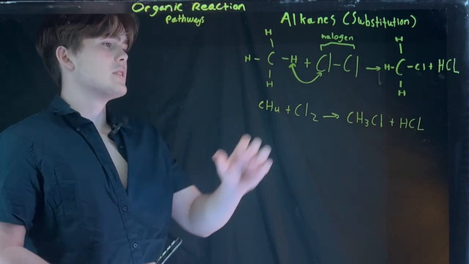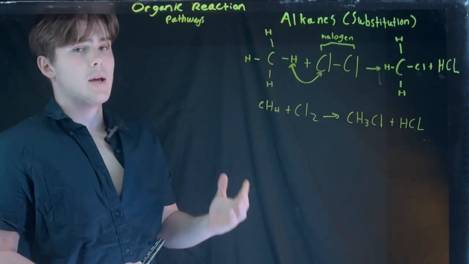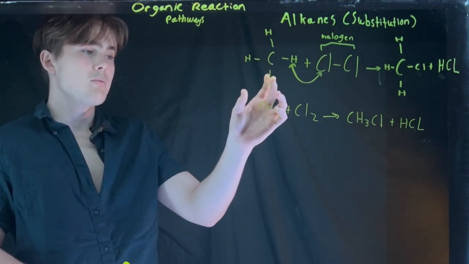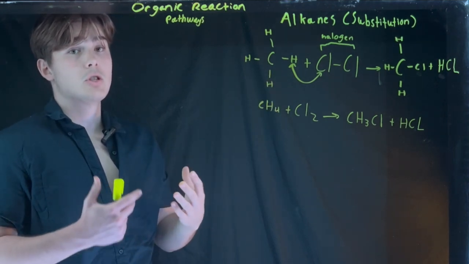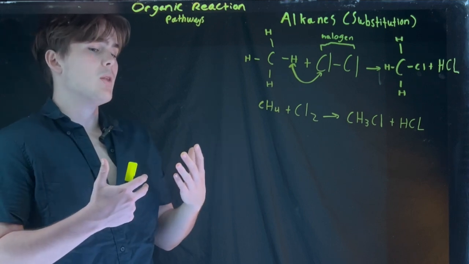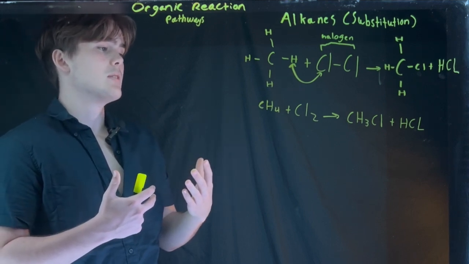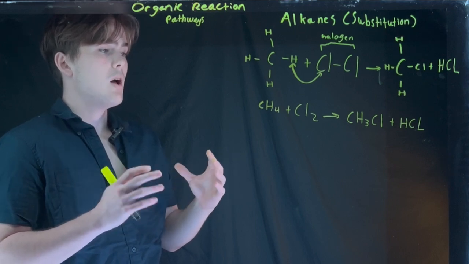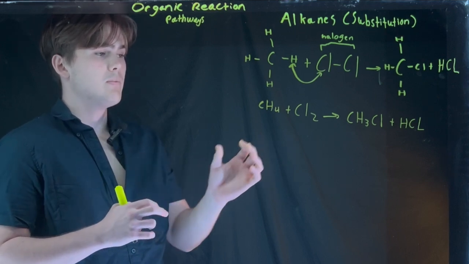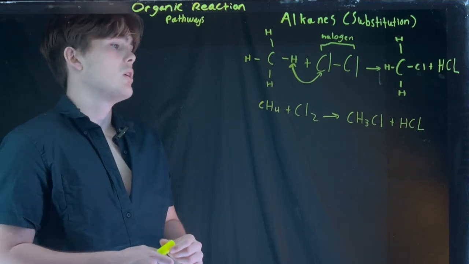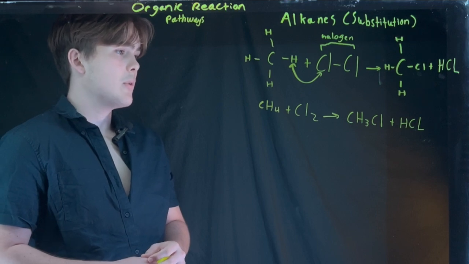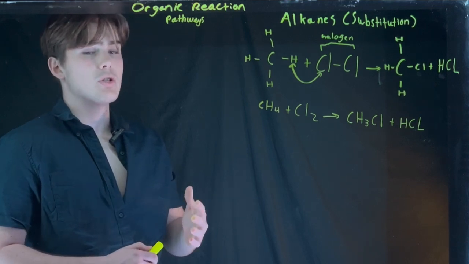These two are exactly the same. One has the structural diagram, so it shows the bonds as well. The one below it just has the abbreviated molecular formula, just looking at the symbols. Both mean exactly the same thing, and they're both an example of a substitution reaction.